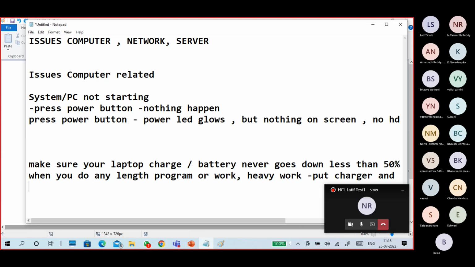Guys, it damages your system because when your system is running, it produces heat. Your laptop produces heat, and when your battery is down and you put a charge, the battery produces heat. Heat plus heat becomes mega heat, and it is more burden on your system.